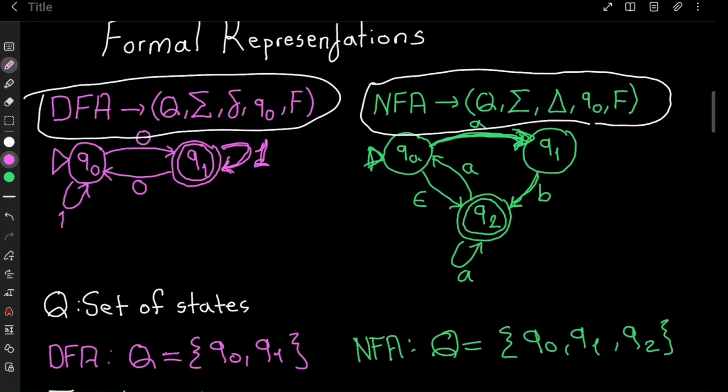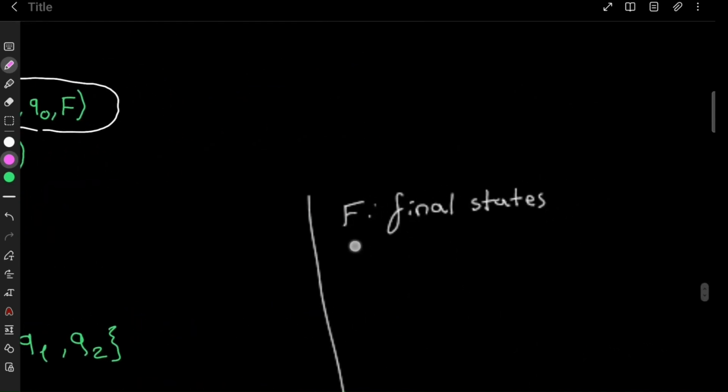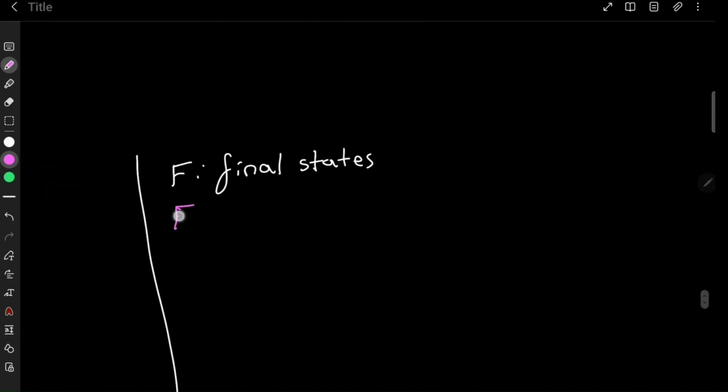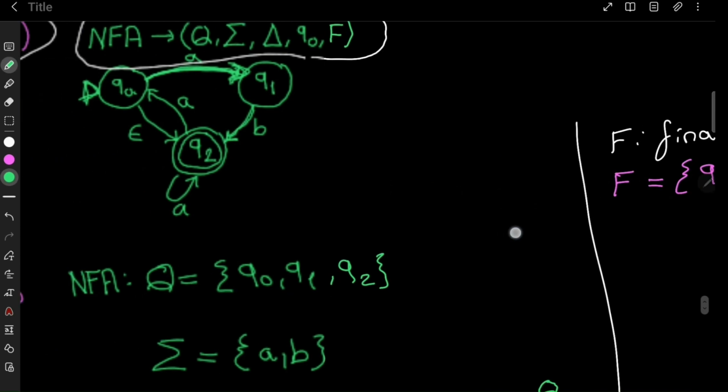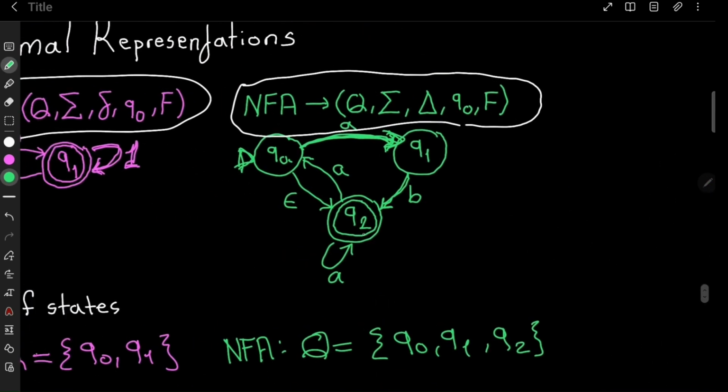For DFA, it only includes Q1. So, for DFA, F is a set which includes Q1. And for NFA, F is a set which includes Q2.